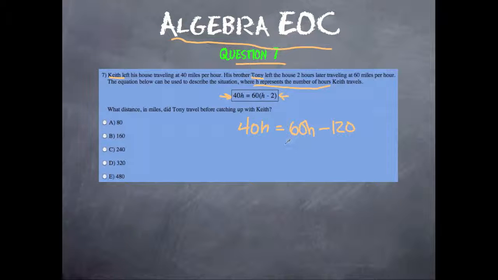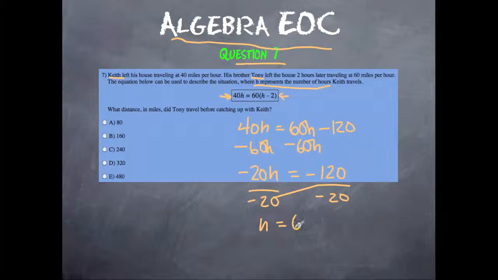Then we subtract 60h from both sides, and that gives us negative 20h equal to negative 120. And we divide by negative 20, divide by negative 20, we get h is equal to 6.